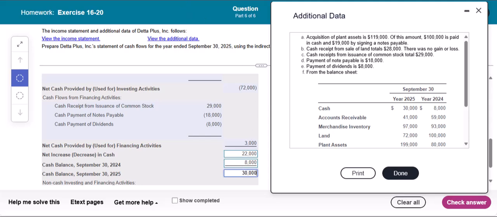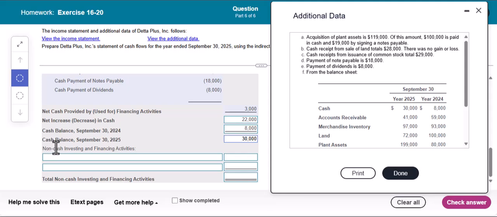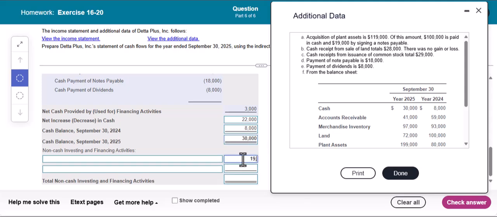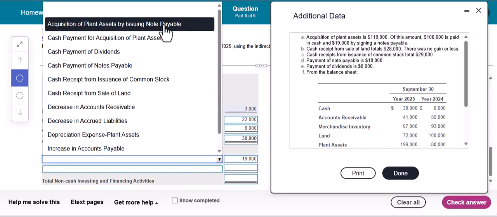And now we have our non-cash investing and financing activities. We have one item here, and there was a note earlier about it. That's in part A. We signed for a $19,000 note payable for this acquisition of plant assets. So that's going to go down here for $19,000. Acquisition of assets for issuing notes payable.